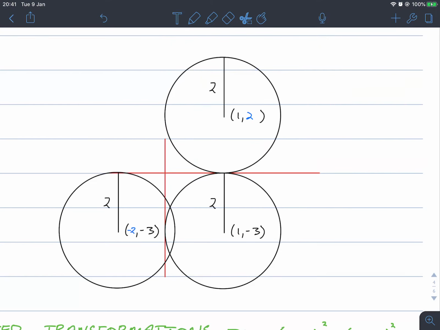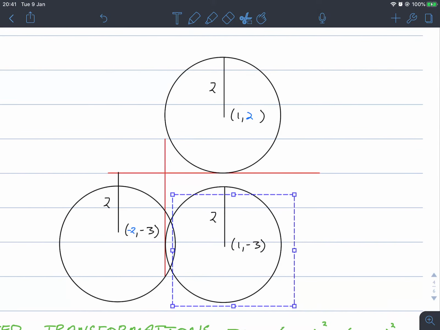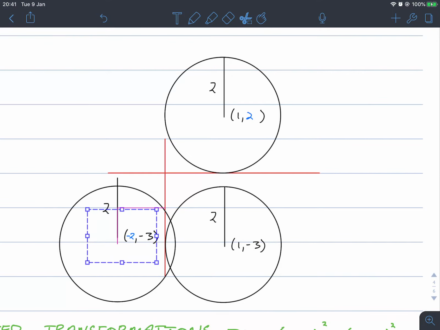Like so. I actually just realized this is not an accurate depiction. It should be down like so. There we are.